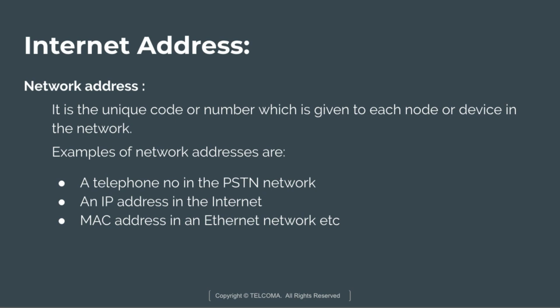Each device has its own unique address, and it makes it easy for users to communicate within a network. Examples of network addresses are a telephone number in the PSTN network, an IP address in the internet, and a MAC address in an Ethernet network.